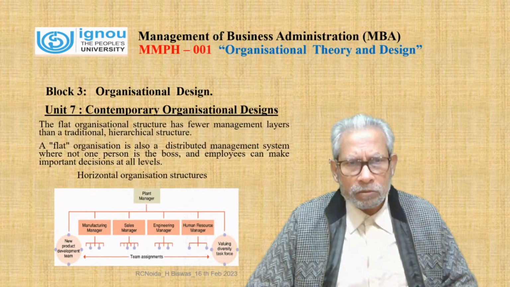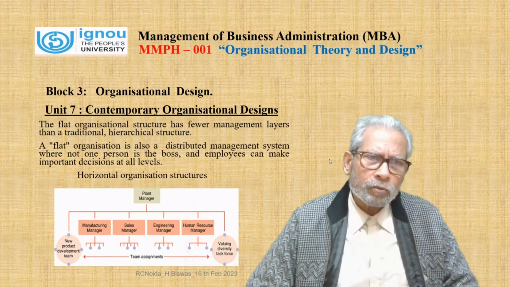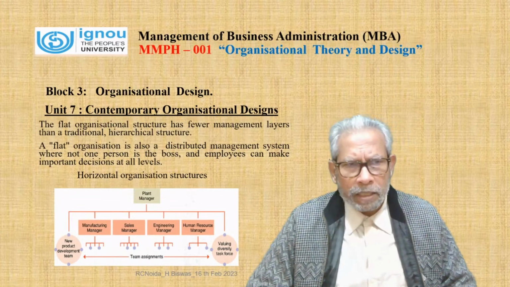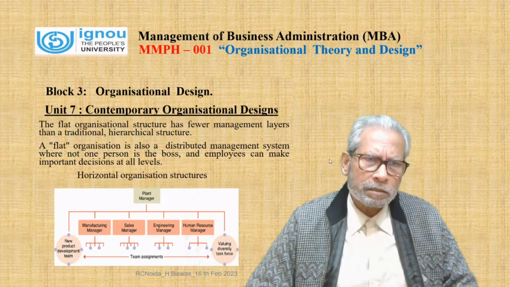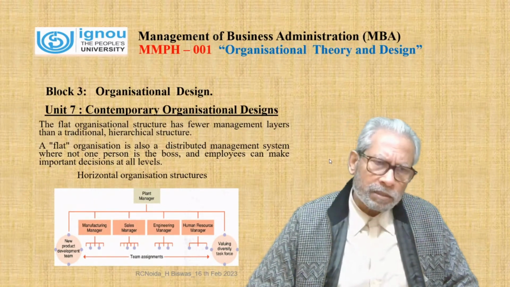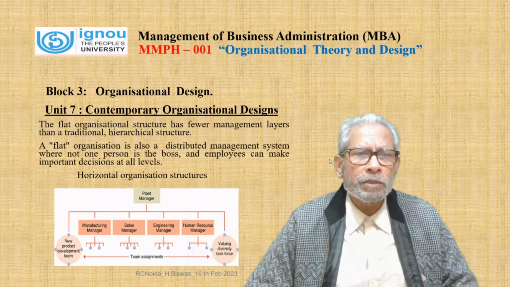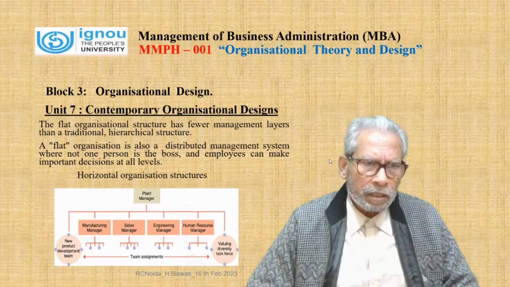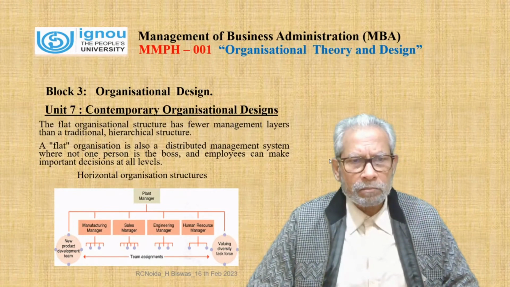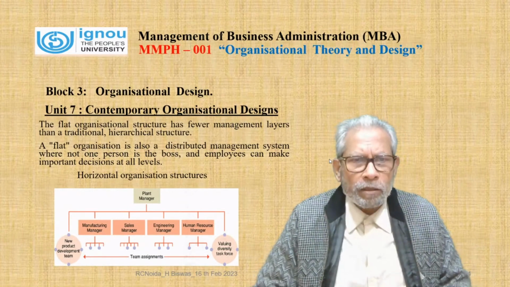A flat organization is also a distributed management system where not one person is the boss, and all the employees can make equally important decisions and participate at all levels. Here is a typical view of a horizontal organization structure: there is only one plant manager, and the manufacturing manager, sales manager, engineering manager and HR manager report directly, with their spans of control.